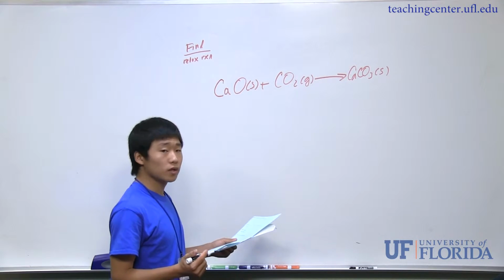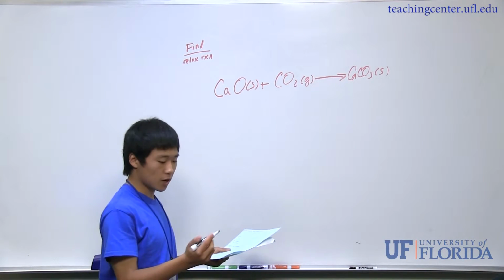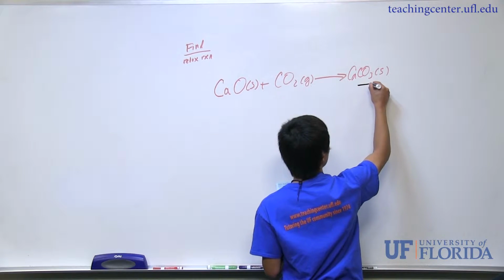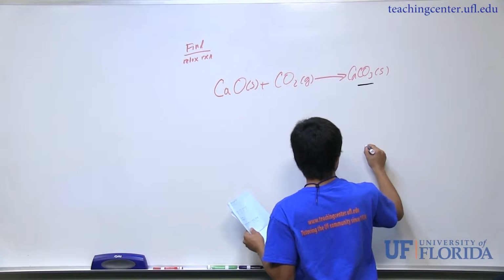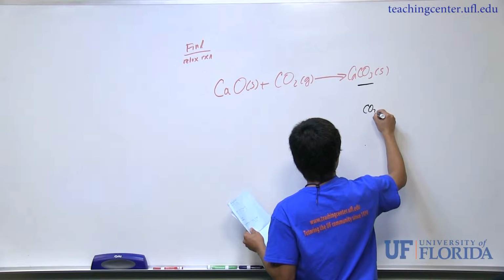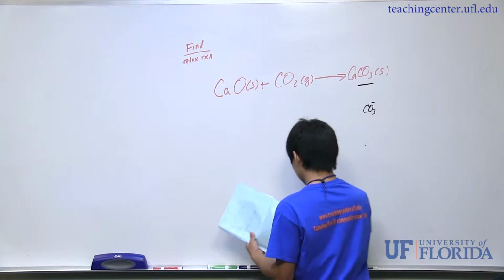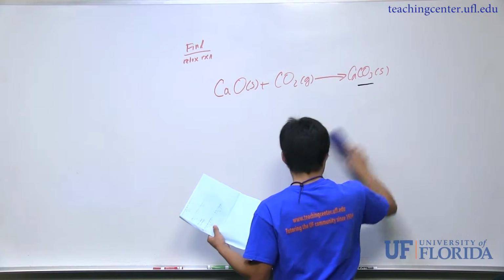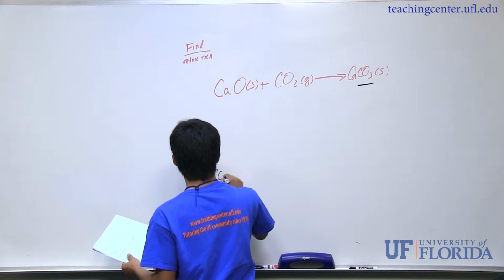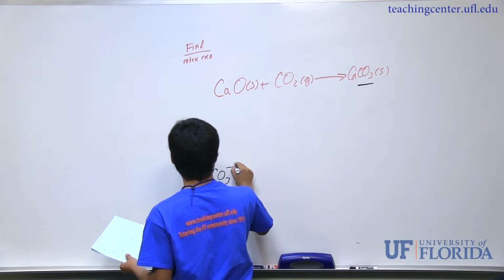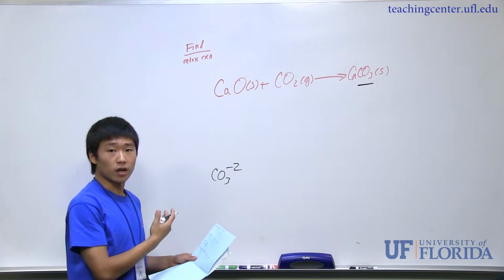Well, I don't have anything in elemental form right now, but I do have a polyatomic ion, which is carbonate. I'll just put down as a little side note, carbonate has a -2 charge. I'm just going to remember that for right now.